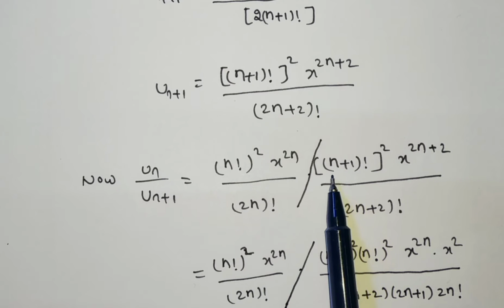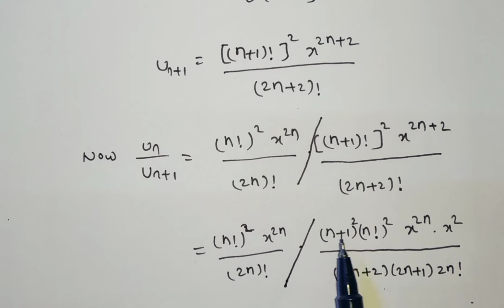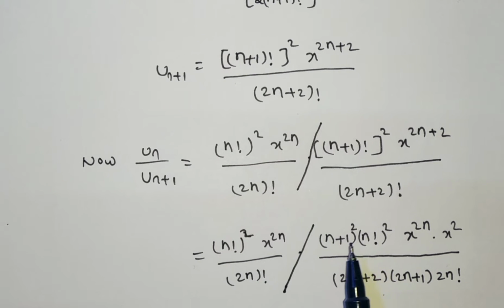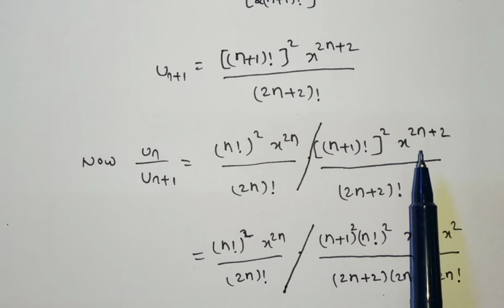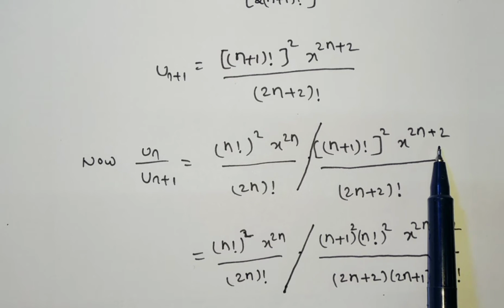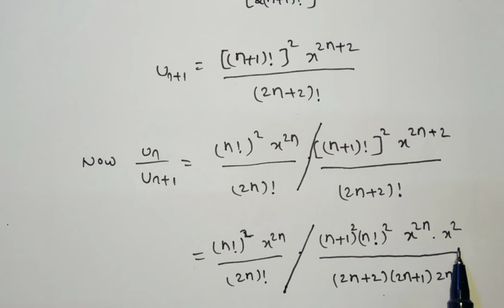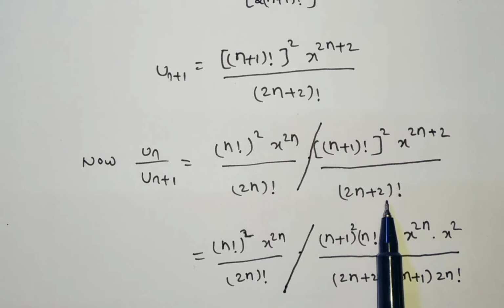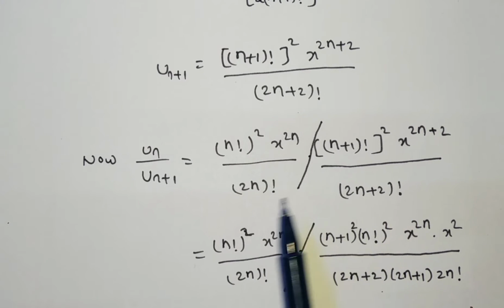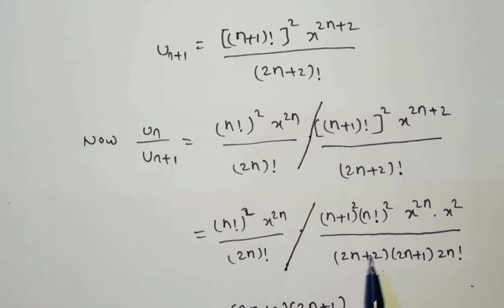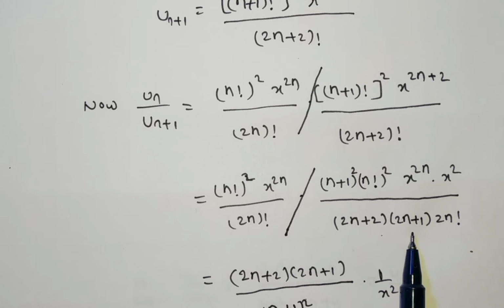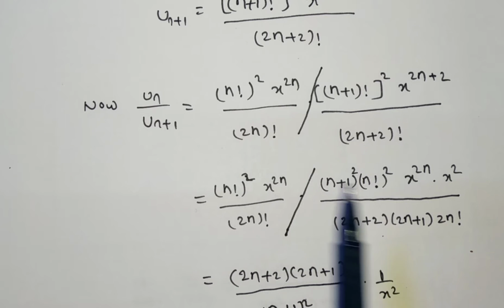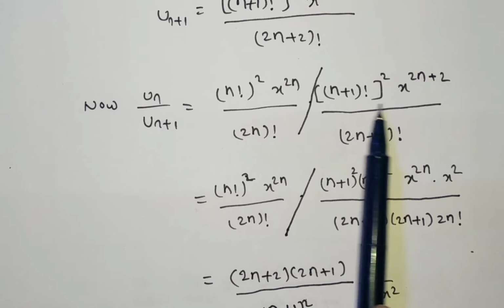For the term n plus 1 factorial you can write n plus 1 into n factorial, so it becomes (n plus 1) whole square into (n factorial) whole square. x to the power of 2n plus 2 you can write as x power 2n into the remaining x square. And (2n plus 2) factorial you can write as (2n plus 2) into (2n plus 1) into 2n factorial. For what purpose have we done like this?